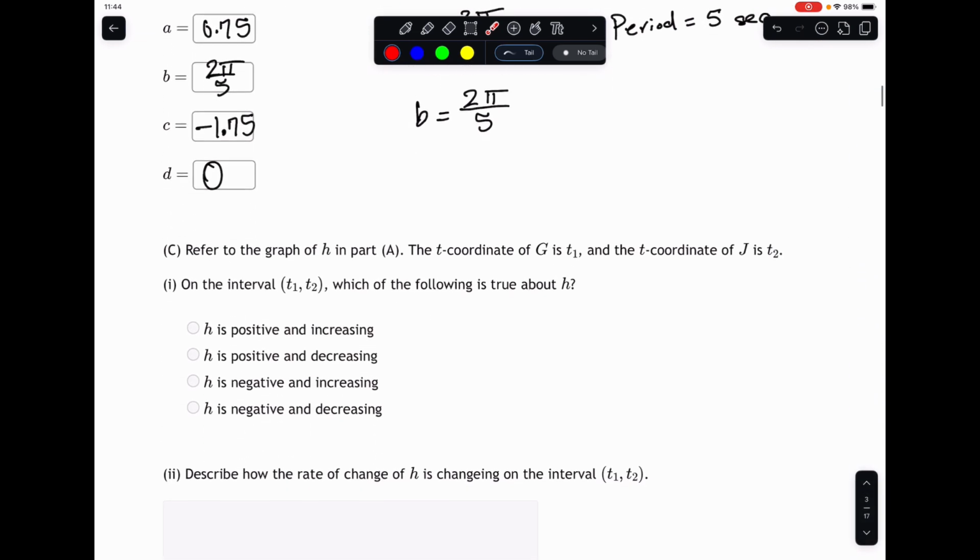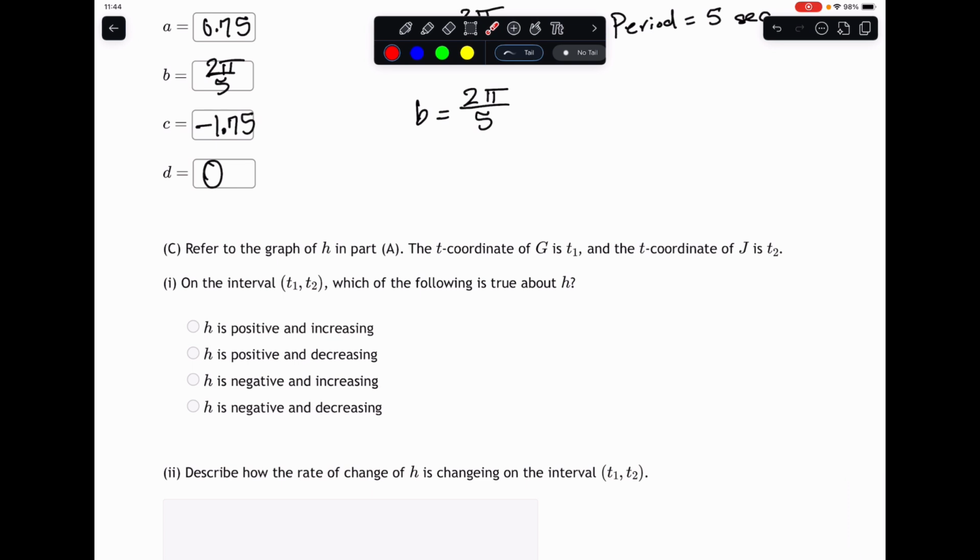So the correct answer here is that H is going to be a negative value, because again, starting with less than T1, not including T1, we're going to see that the y value is negative and it's decreasing. So this answer choice here is the correct one.